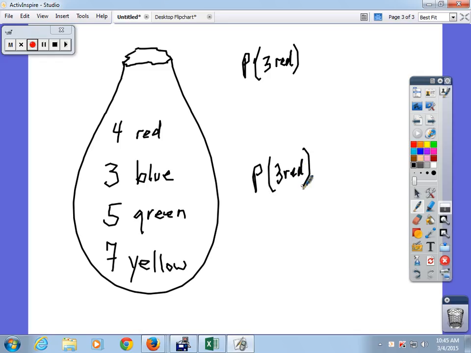One is to just say, how many red marbles are there? 4. 4 out of what? 4 out of 19. And you pick how many times? 3 times. 3 red marbles. Okay. So somebody do that math and give me 4 decimal places. 4 divided by 19 and raise it to the third power. What do you get?